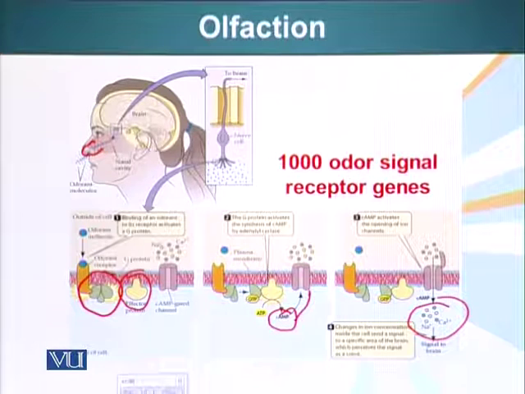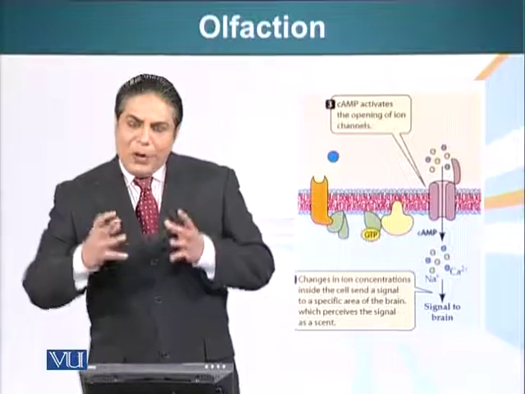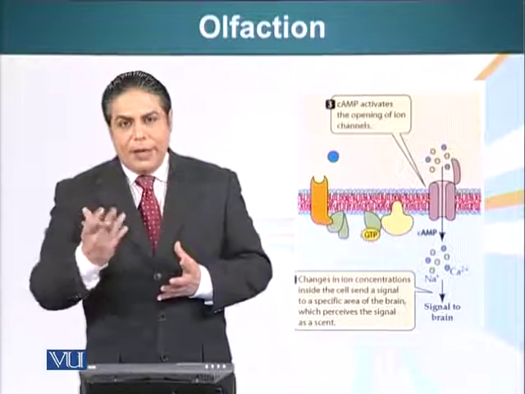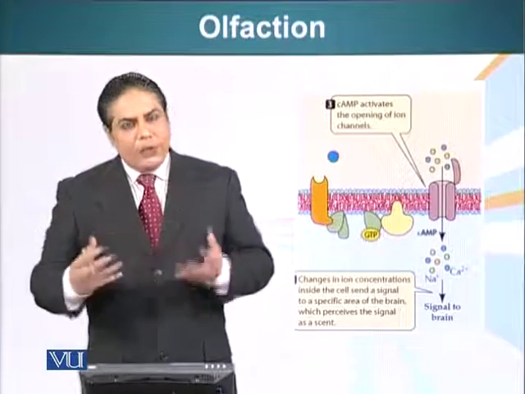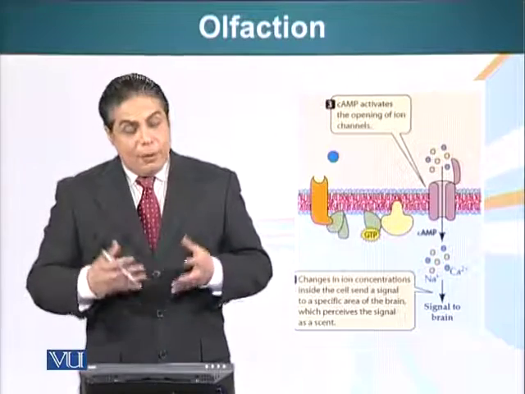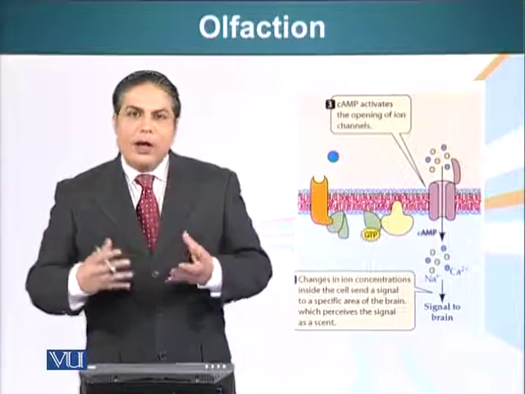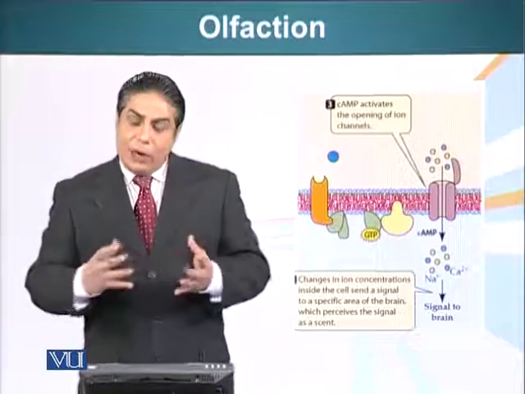When the neuron becomes depolarized, it sends an electric impulse to the brain, and the brain detects a particular odor molecule present in the environment. So this is the molecular and cellular basis of one of our key senses, olfaction, our ability to smell. Next we are going to see how we are able to see, which is also done through G protein linked or coupled receptors.